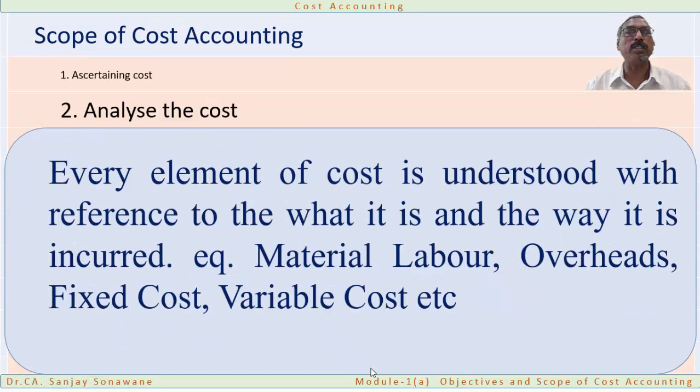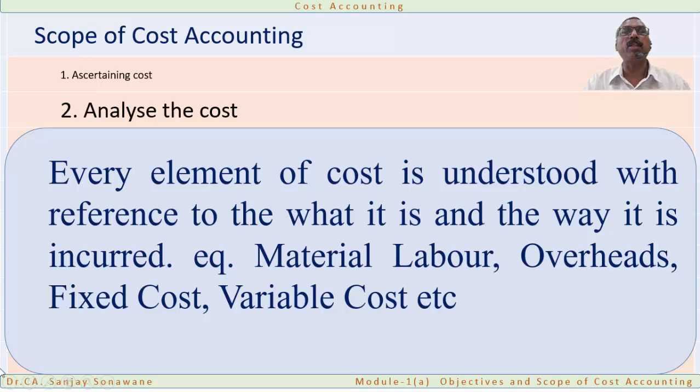what my cost of manufacturing a shirt is. Second one is every element of cost. Whatever we are talking about, the material cost, labor cost, or overhead, these are called elements of cost. Now, every element of cost is understood with reference to what it is and the way it is incurred. There are different classifications here.